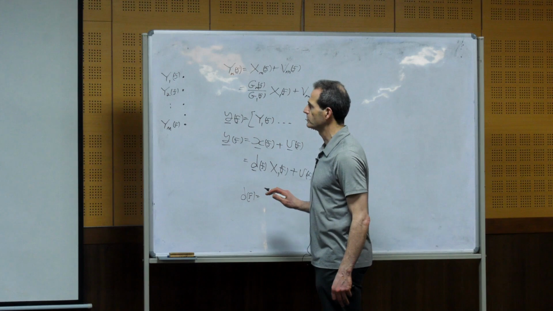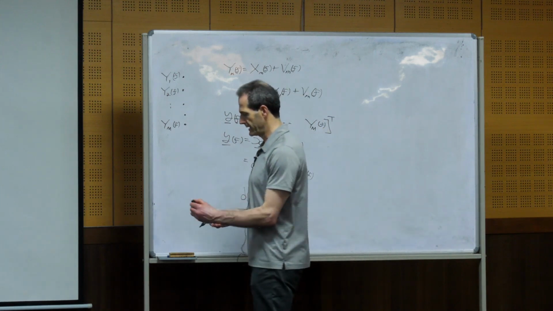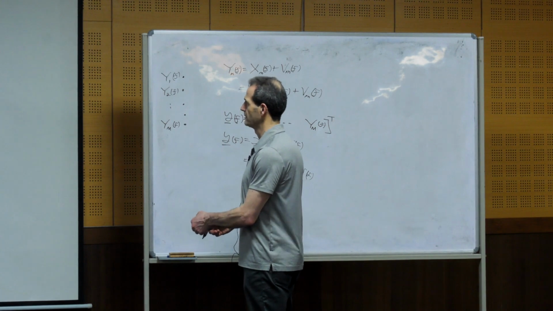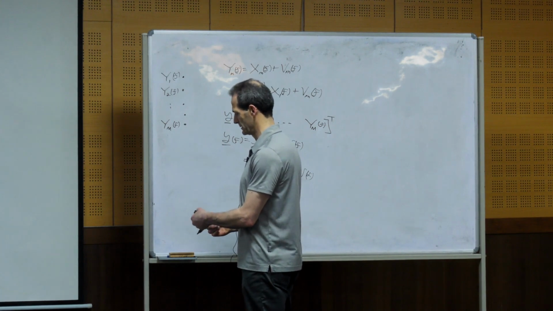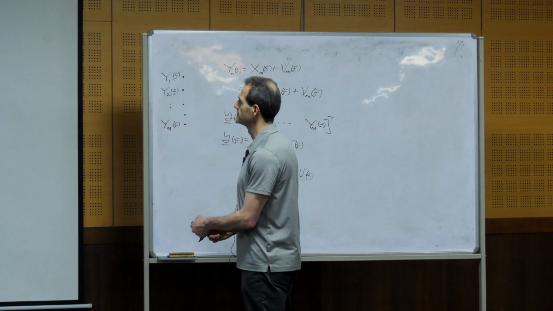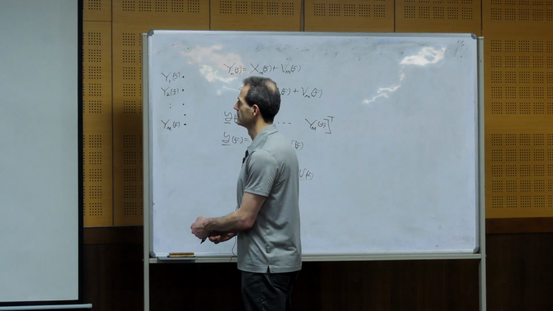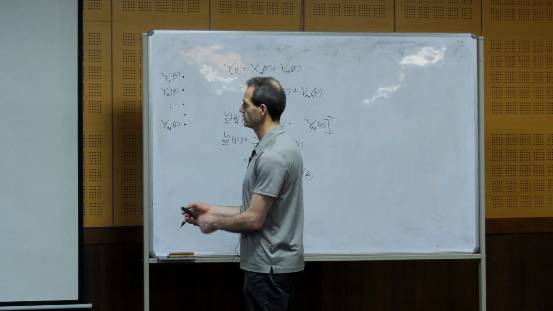I want to use the same notation that we used before, just to check, because you need to be consistent. So it was here. Let me check. Okay, so it was here.